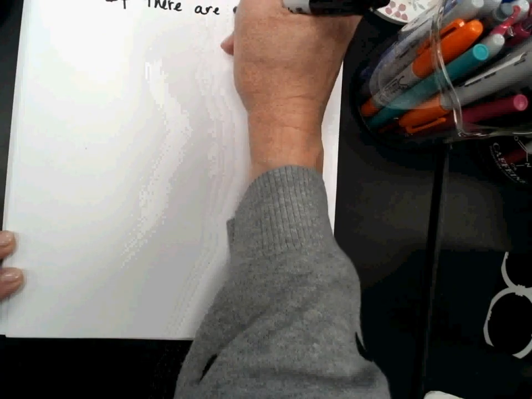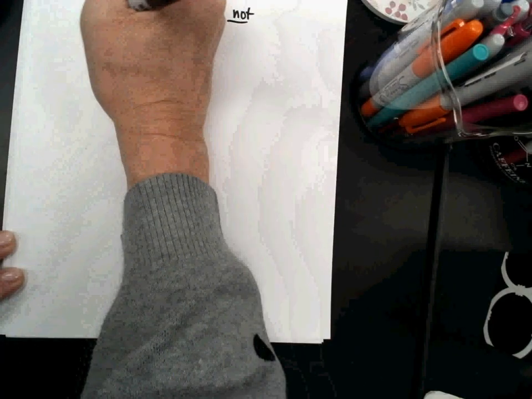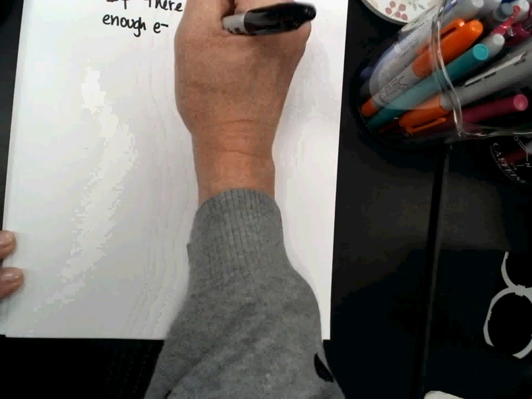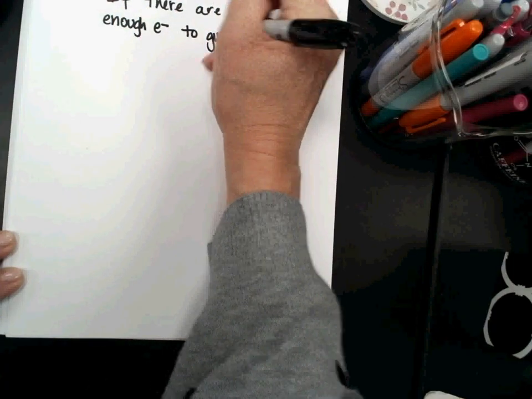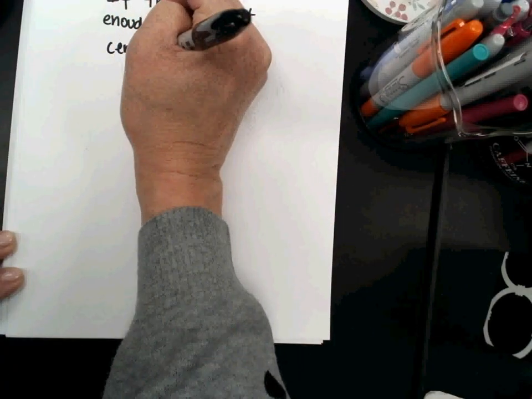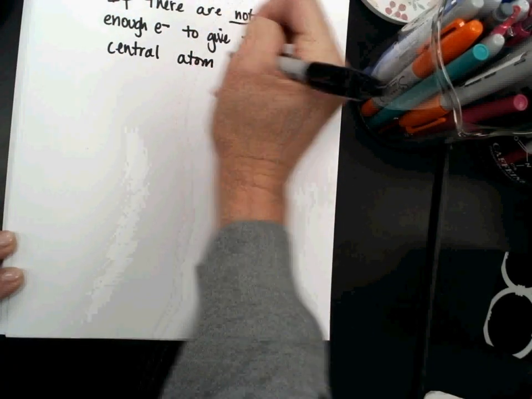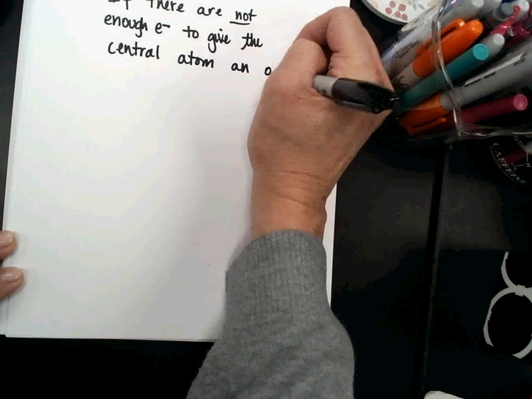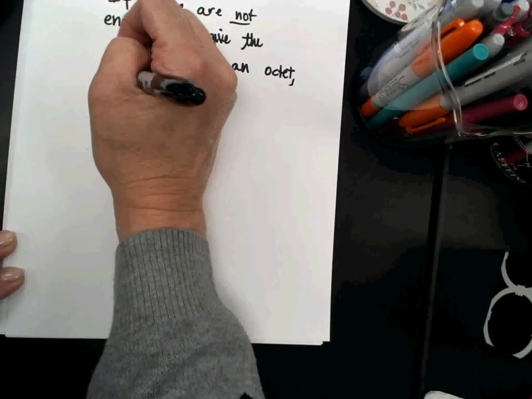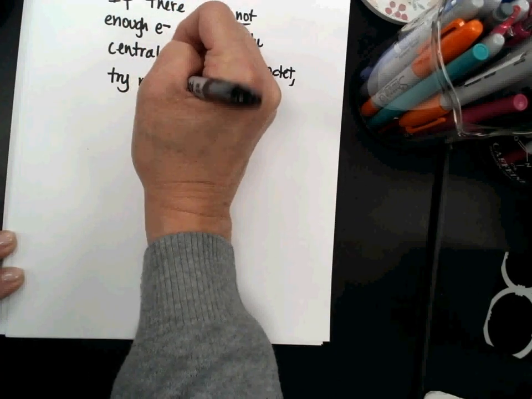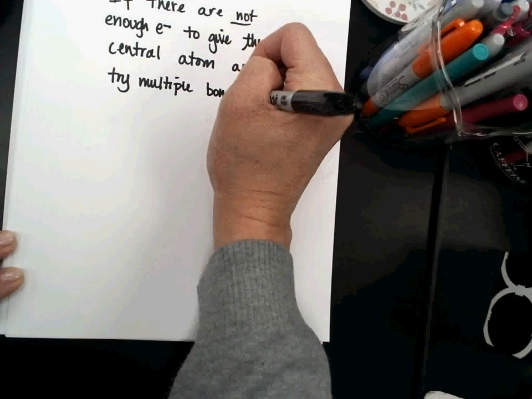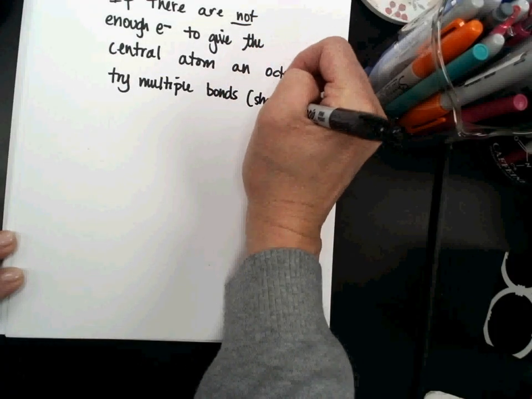If there are not enough electrons to give the central atom an octet, I would say try multiple bonds. And you can think of that as sharing.